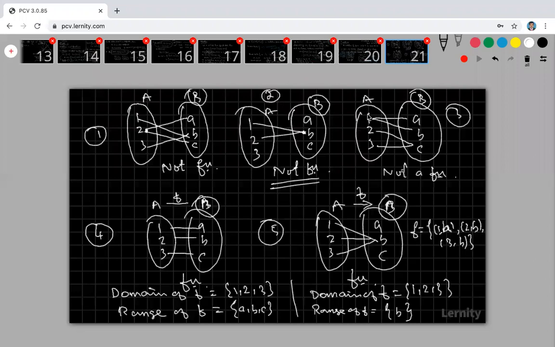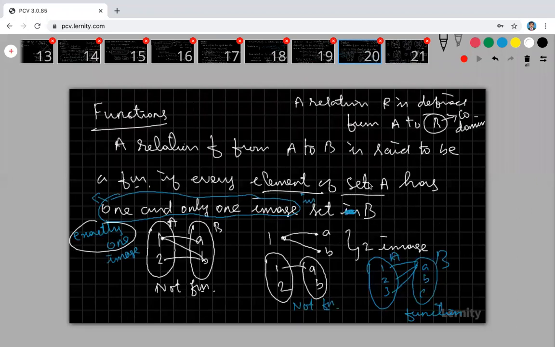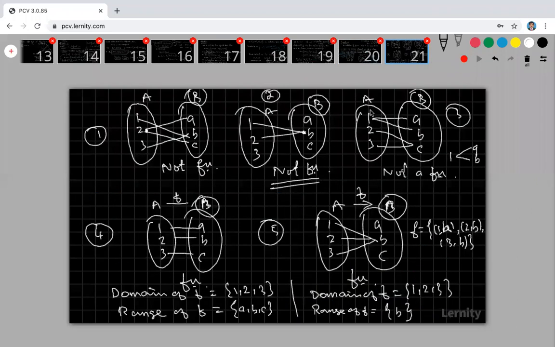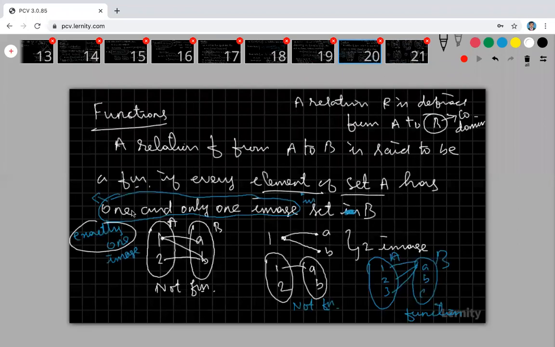See that, how many images does this one have? My one has two images. Number of images of one is two, more than one. But look at the definition. Every element of the set A, which means my one is an element of set A, has one and only one image.